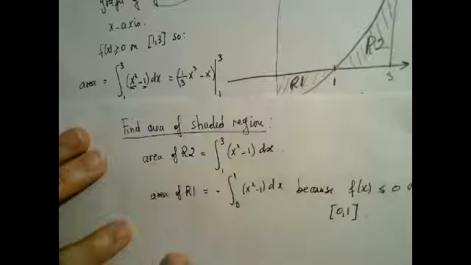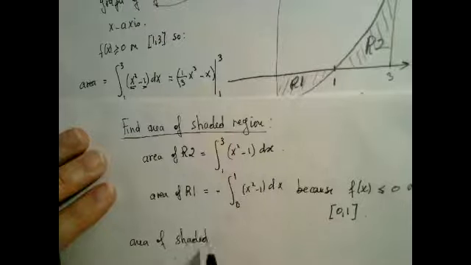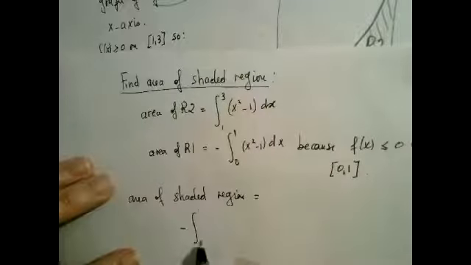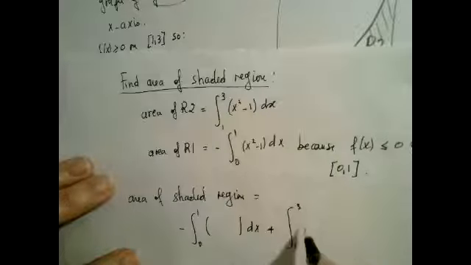Now I have the area of R1 and the area of R2, so the area of the shaded region, once I compute both integrals, is minus the integral from 0 to 1 plus the integral from 1 to 3.